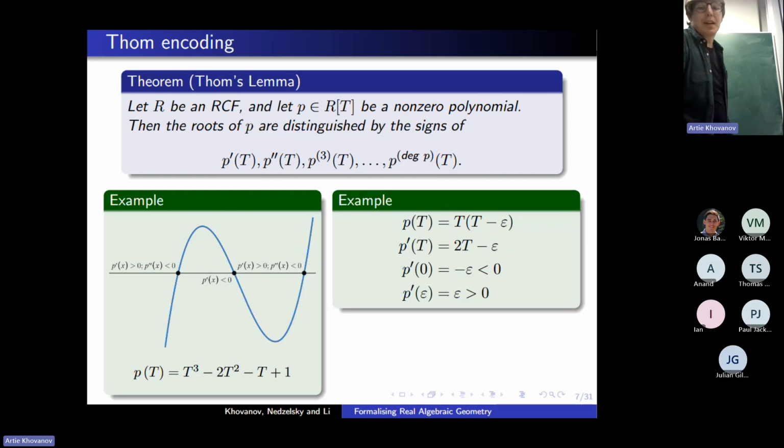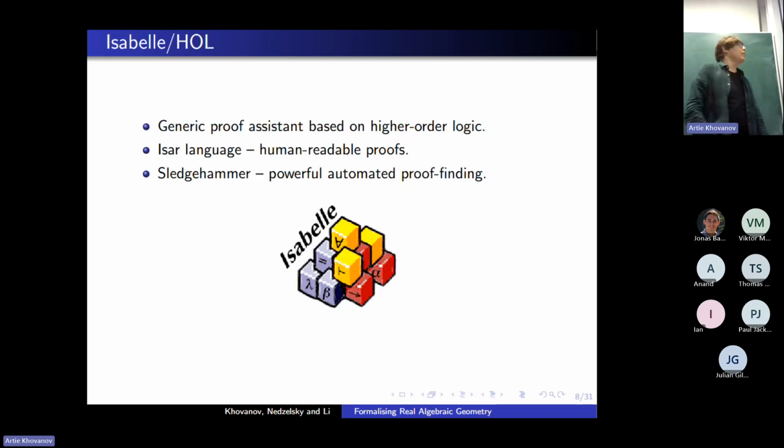All right, so we were formalizing in Isabelle/HOL. Isabelle/HOL is a generic proof system based on higher order logic. I won't talk too much about the theoretical features of the language. In practice, two important features of Isabelle are the Isar proof language, which produces human readable proofs.